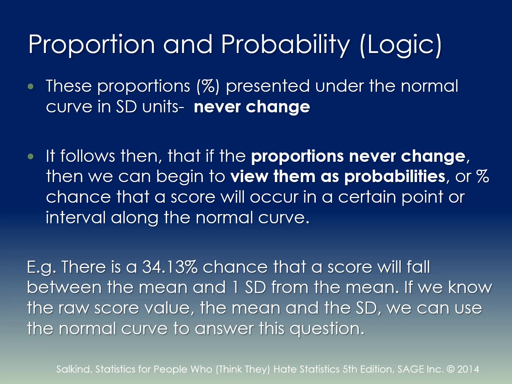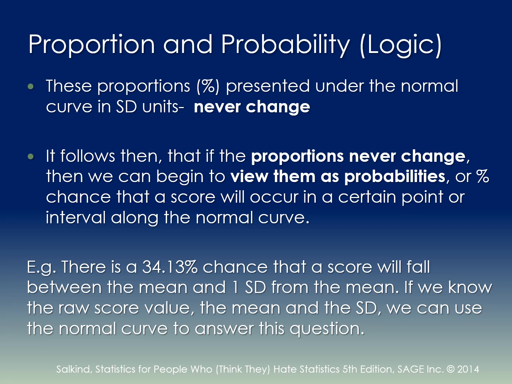That's the logic. We accept the three previous premises, and it follows that we can view the proportions as the percent chance that a score is going to occur somewhere along the normal curve.